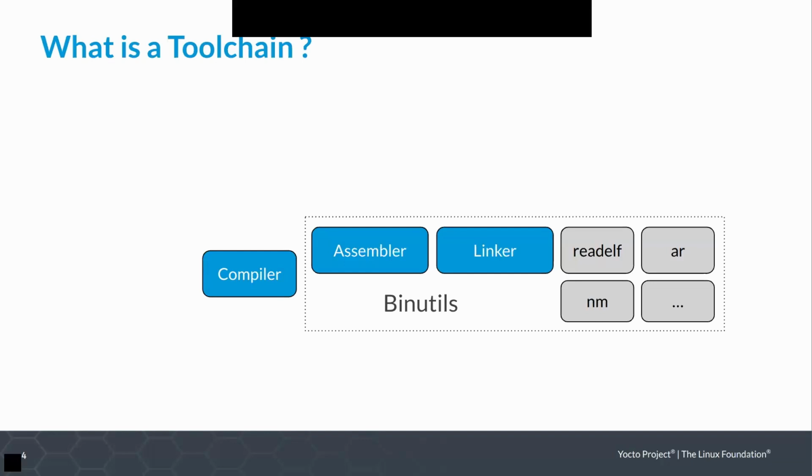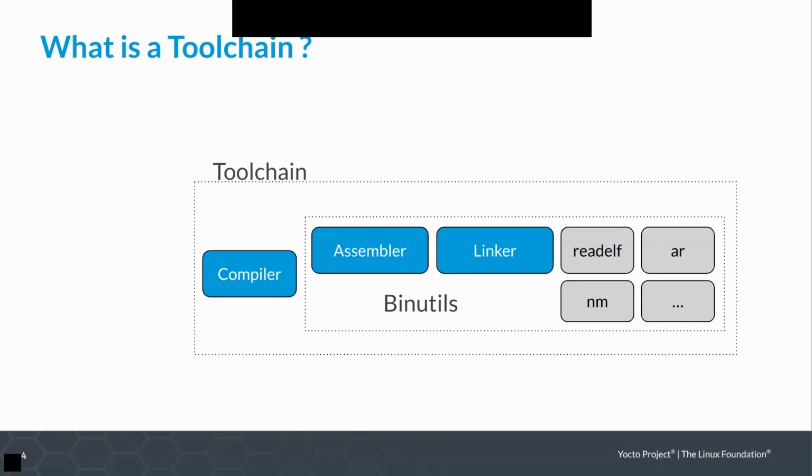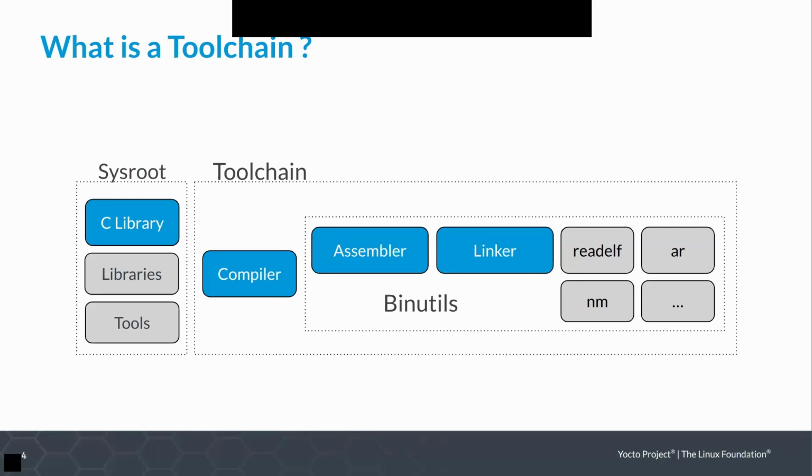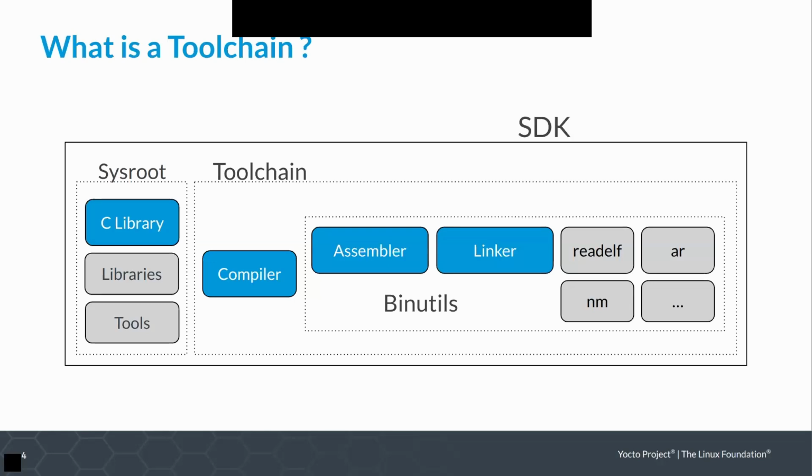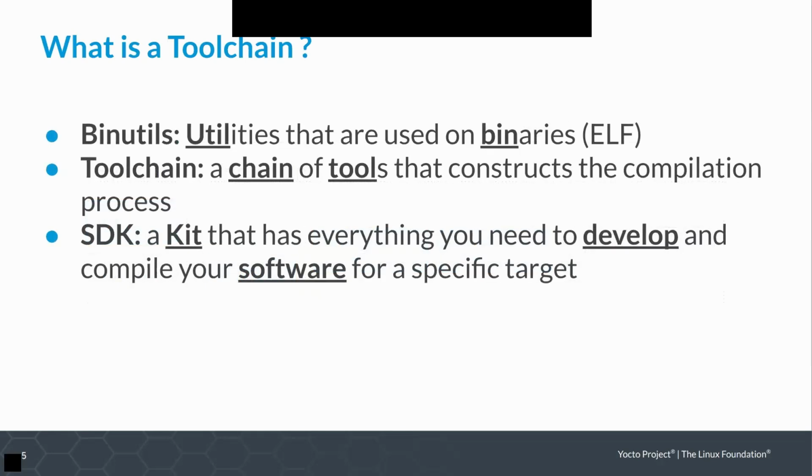Now, the compiler and binutils are called the toolchain, and I usually think about the toolchain as a chain of tools that are used to complete the compilation process. Of course, these are utilities. You need the C library, other libraries, and other tools as well in order to create the full SDK.